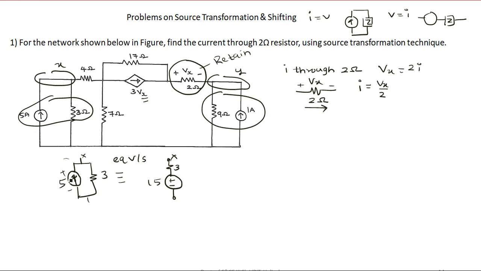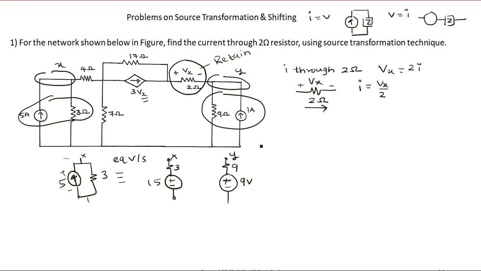It is very important that you indicate this head. Similarly, the arrow mark here is towards Y. So if you convert this into a voltage source, 9 into 1, that will be how much? 9 volts with the positive polarity towards the point Y.